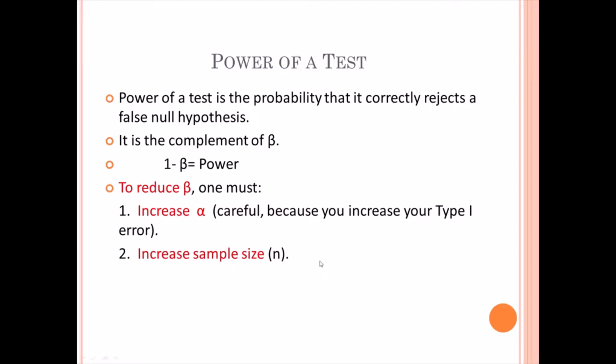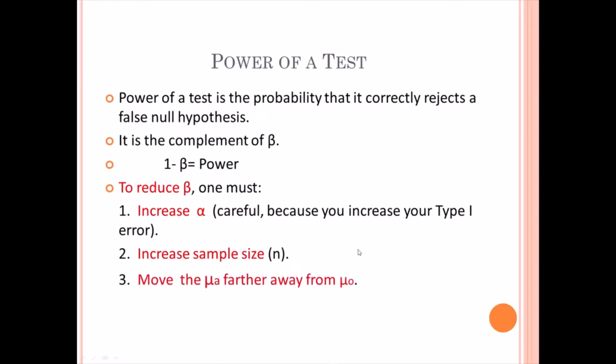What happens with a bigger sample size is the curves get taller and skinnier, and so the tails where all this error takes place shrink. Alpha you can't do much with because it's a set value that you pick, but beta can certainly shrink, and that's a big help. Increasing your sample size makes everything more accurate.